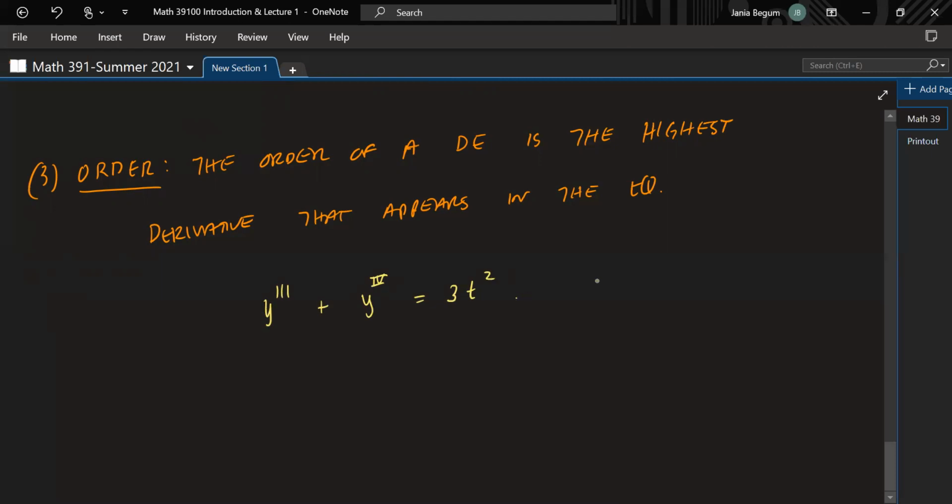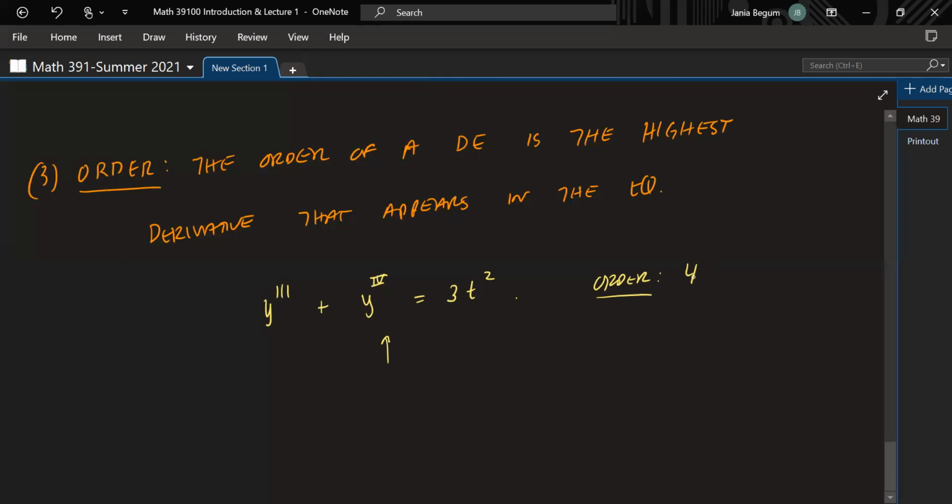So what will be the order of this differential equation? You're looking at the highest derivative that appears in the equation. So the highest derivative would be this term, right? Because it has the fourth derivative. So the order is going to be fourth order. So that's how you can classify them, by looking at the order.